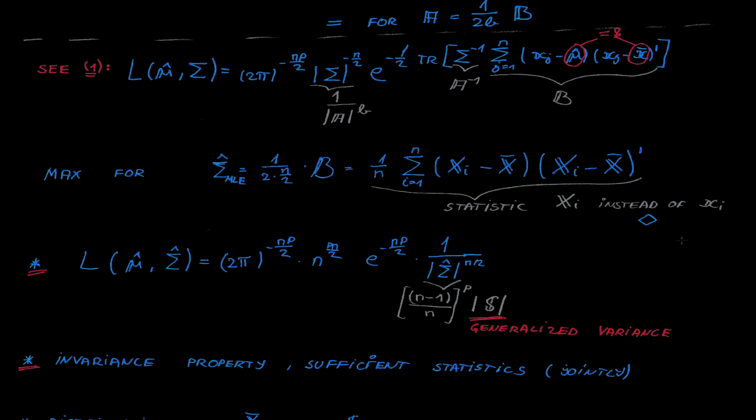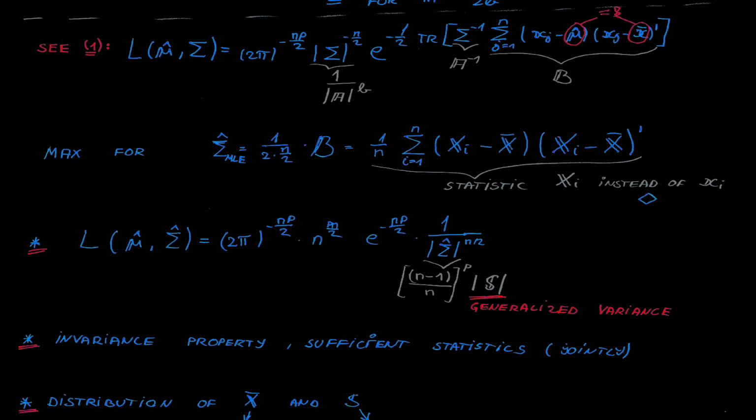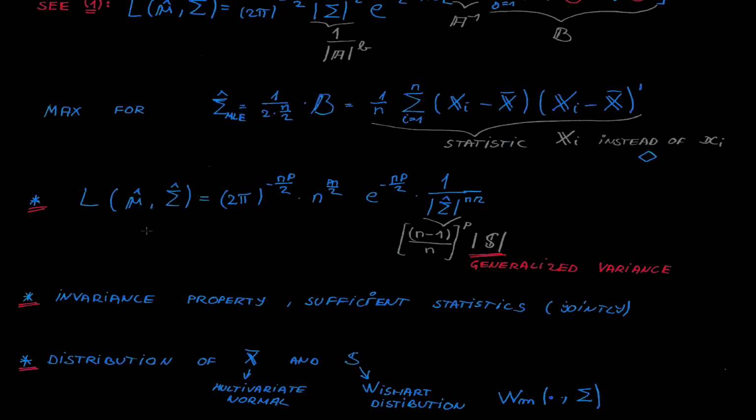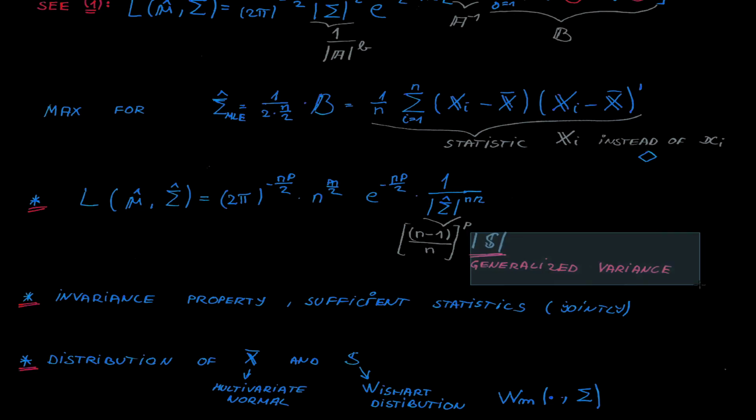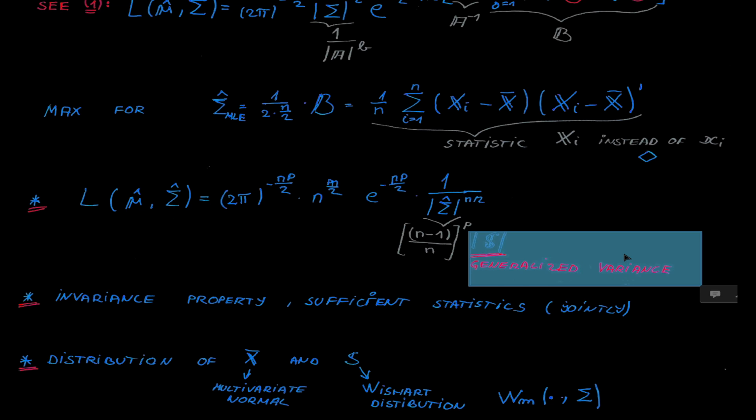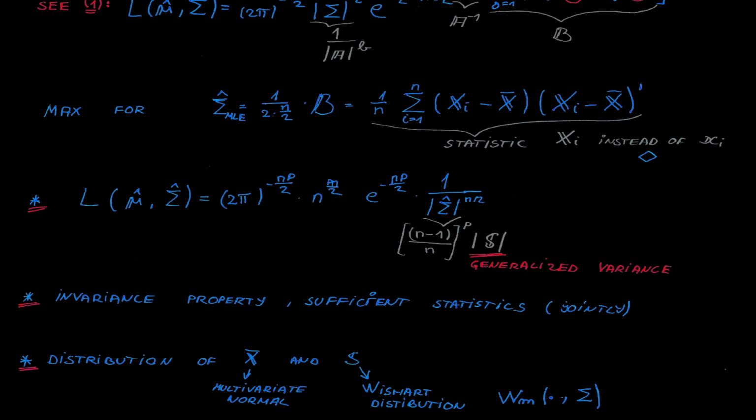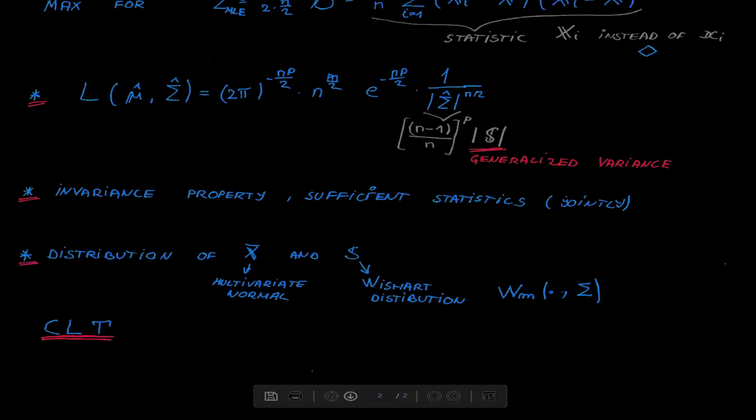Because we have n minus 1 divided by n in each row, and we have p rows, n minus 1 divided by n is going to be to the power of p, because we have a determinant here. This is just a simple property of determinants. So what we get is some constant times the generalized variance to the power of minus n divided by 2. So we can see the connection between the generalized variance and our maximum likelihood estimators.